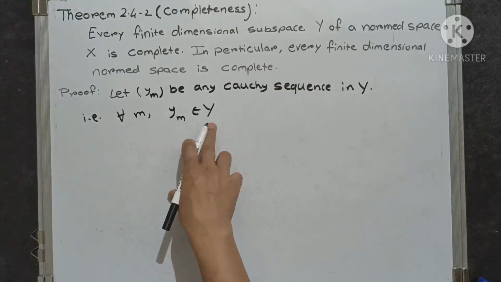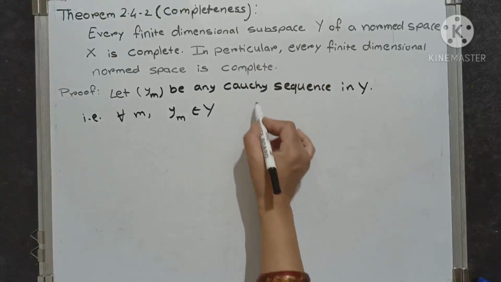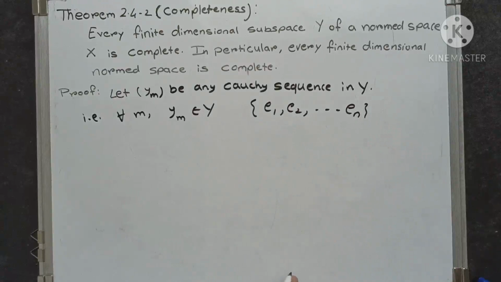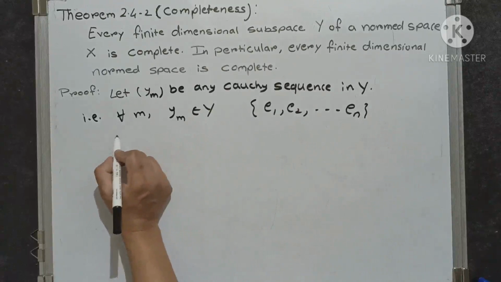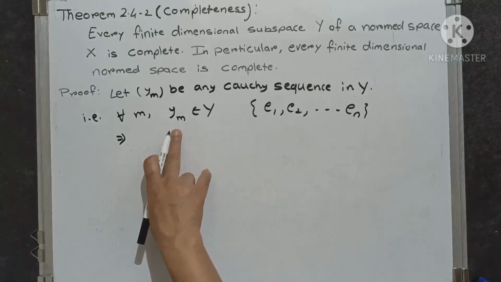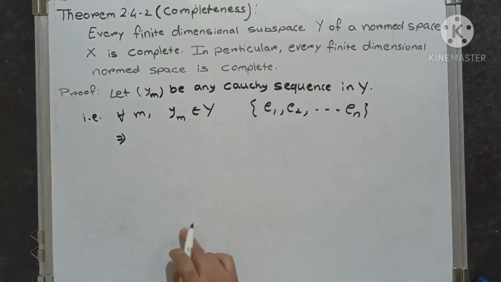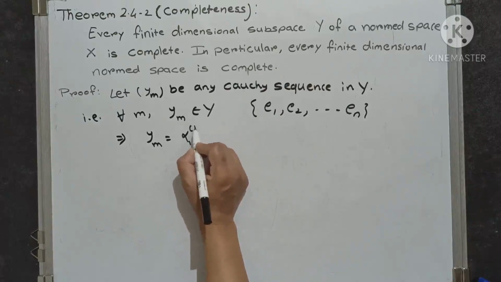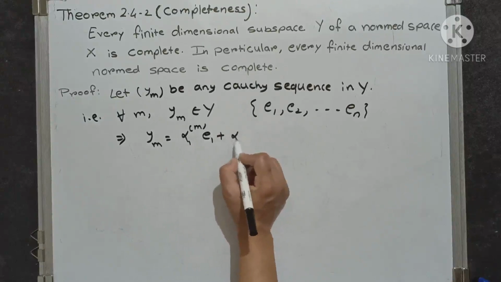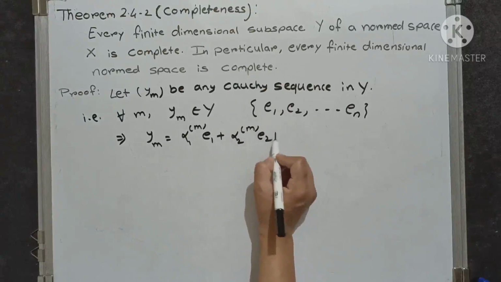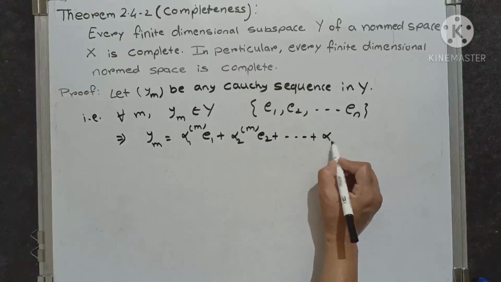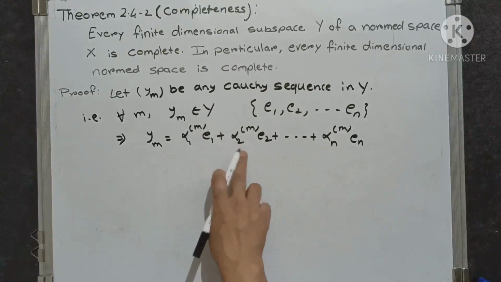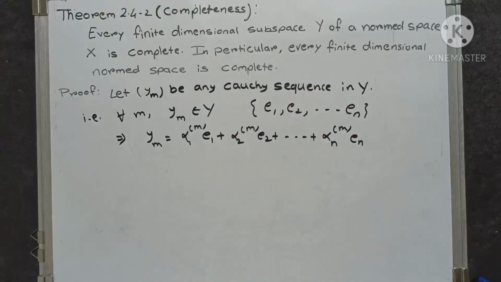Now ym is an element of capital Y, and the basis for Y is the collection of E1, E2, up to En. Therefore ym belonging to Y implies that ym has a unique linear combination of E1, E2, up to En, and therefore ym equals alpha 1 m E1 plus alpha 2 m E2 up to alpha n m En, where alpha 1 m, alpha 2 m, up to alpha n m are all scalars.